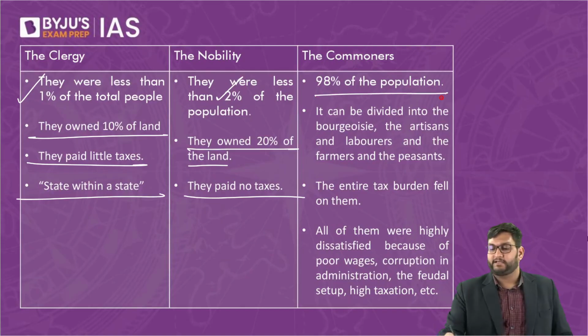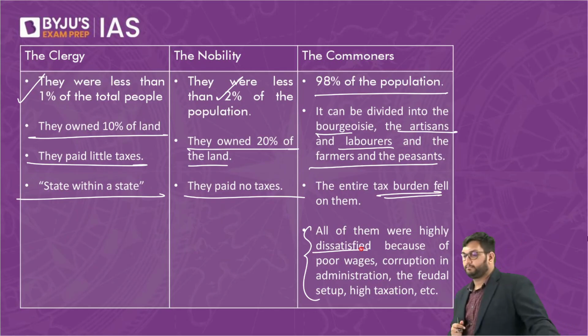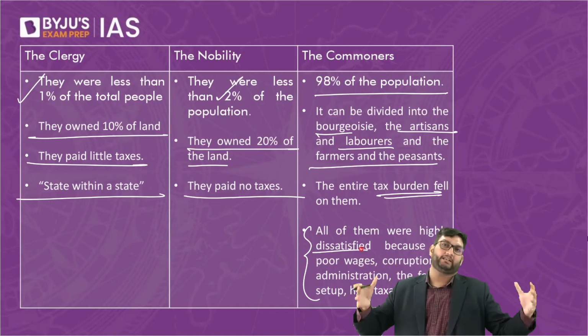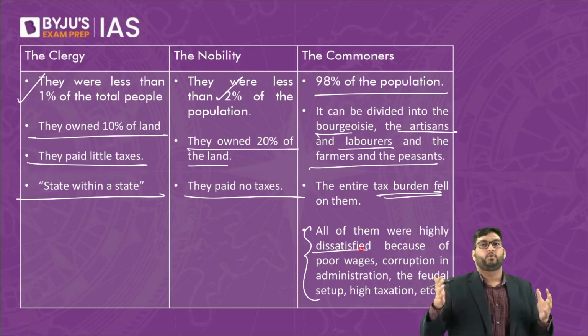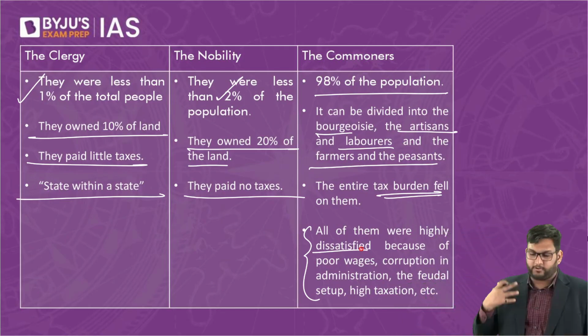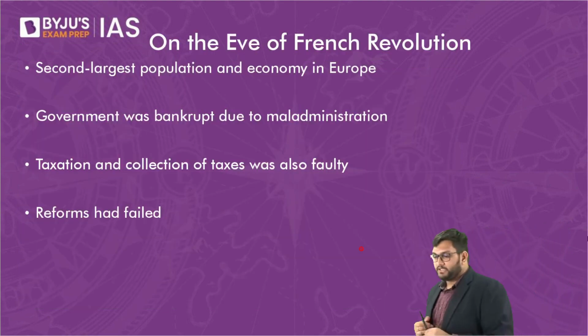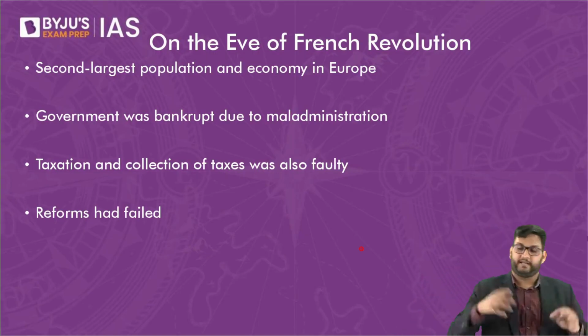Commoners, 98%, divided into bourgeoisie, artisan, laborer, farmer, with the entire tax burden on them, highly dissatisfied because of corruption and the feudal setup. State within a state means that they are so powerful that within the French monarchy, they were a state within themselves, which is that nobody could touch them. They were very powerful. Like the Pakistani army in Pakistan, which is basically a state within a state.